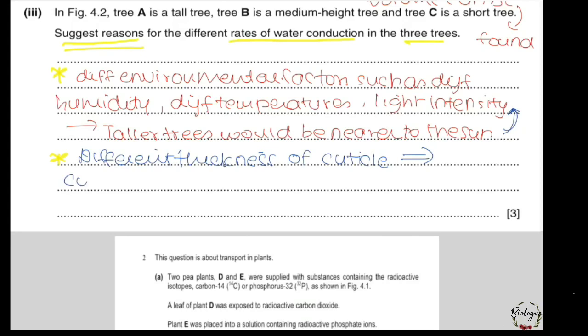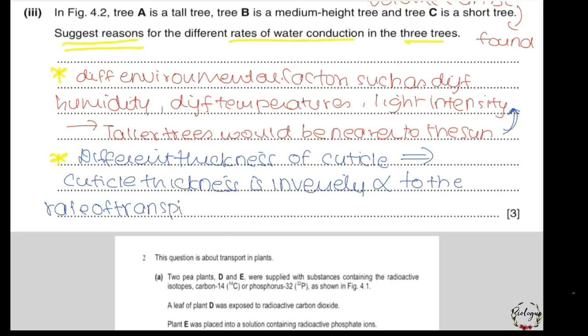So you could write that the cuticle thickness is inversely proportional to the rate of transpiration, and thus the rate of water uptake or water conduction. Alright, so in this case, as the cuticle thickness increases, rate of transpiration decreases, hence rate of water conduction decreases.